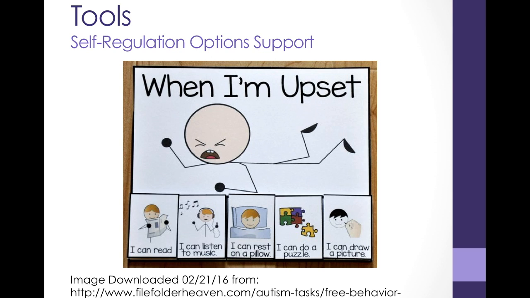This takes information that the adult has and puts it into a format that the child can access, so it increases their independence. I could say these same things, but it's much more beneficial to provide that in a format that the person can access themselves.